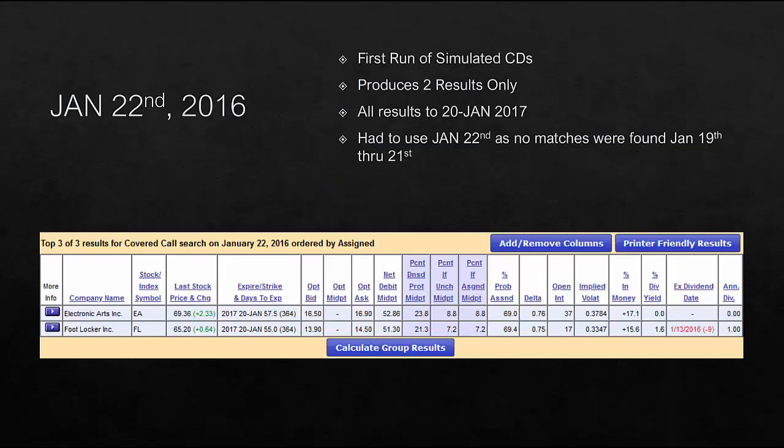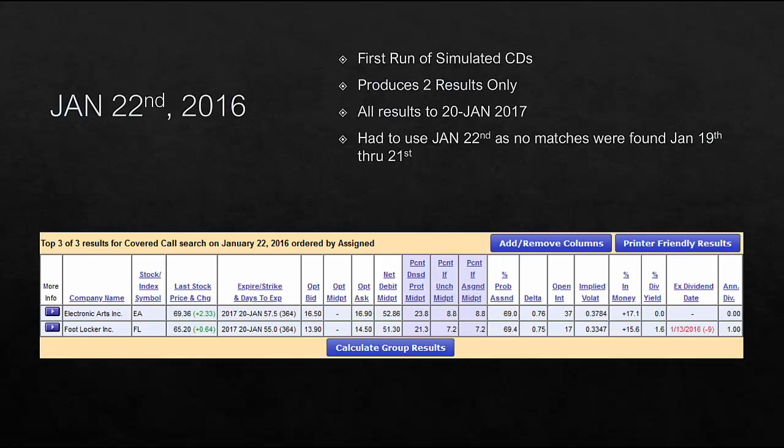So our first run for the simulated CD covered calls, we run in January of 2016. The standard Friday expiration was January 16th, but no covered calls matched the default criteria from January 19th through the 21st. So our selected date was January 22nd, 2016.